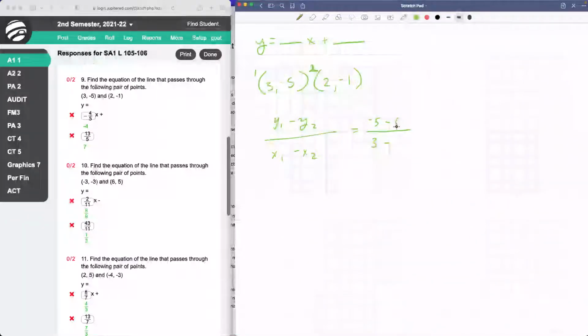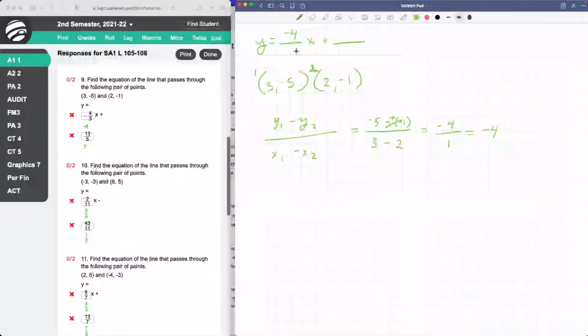In this case, we have a -1, and then we have a +2. All right, so -5, this becomes a positive, so that's +1. -5 plus 1 is -4. 3 minus 2 is 1. So our slope is actually -4. So we would put -4 in the first blank.